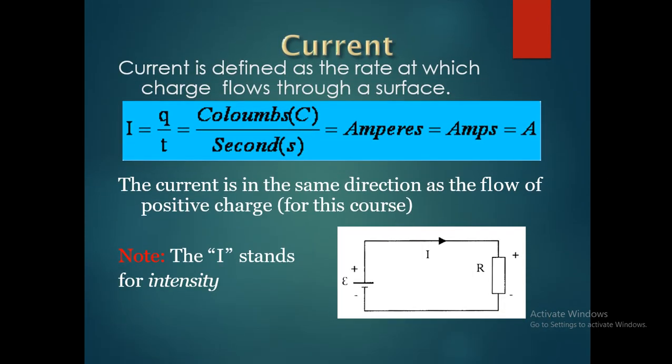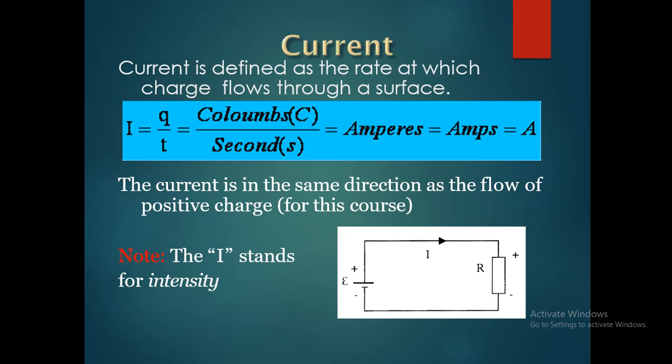We can say the current definition here. The current is defined as the rate at which the charge flows through the surface. That means the charge per second. The unit for current is ampere. A pioneer scientist's name is used for the unit of current.